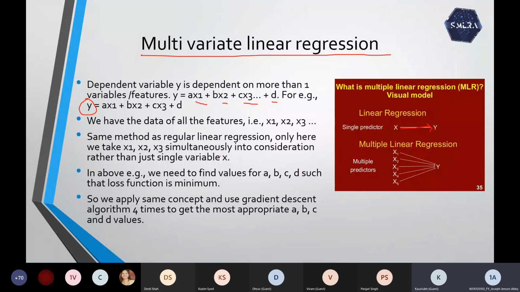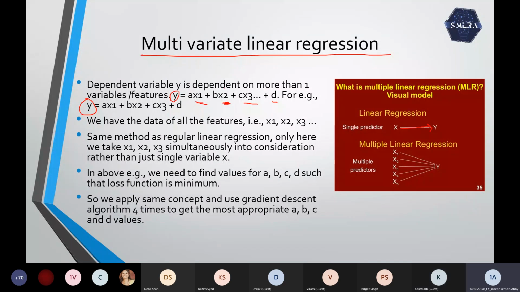The method to calculate is the same. Why? Because you already have the data for x1, x2, x3. Take the crop yield example. Your y is the crop yield. Your dependent variables are the amount of water and the amount of fertilizer you're using.